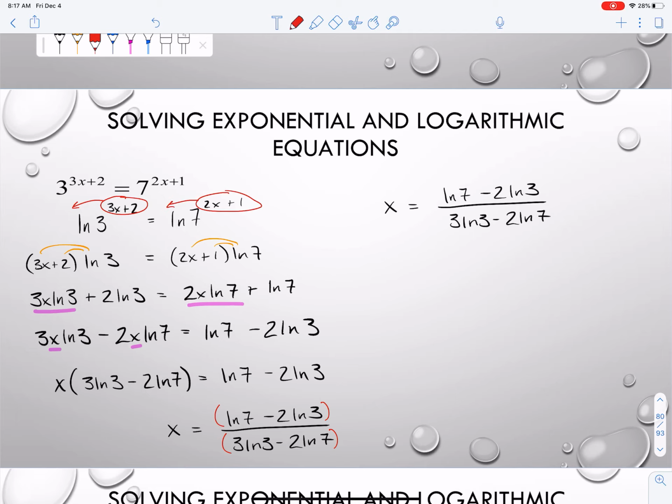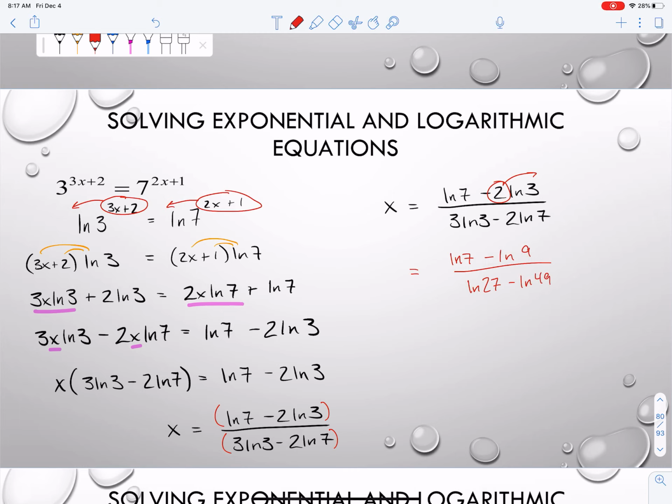All right, like I said, here I could go farther with it. I could bring this 2 up, right? And I would have minus natural log of 3 squared, or 9, over natural log of 27 when I bring the 3 up, minus natural log of 49.